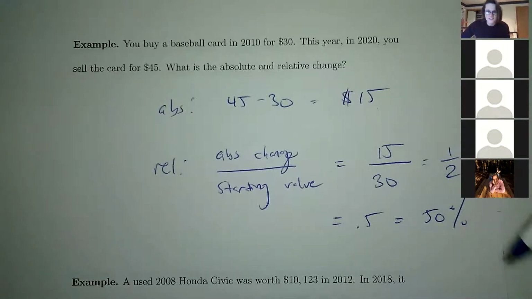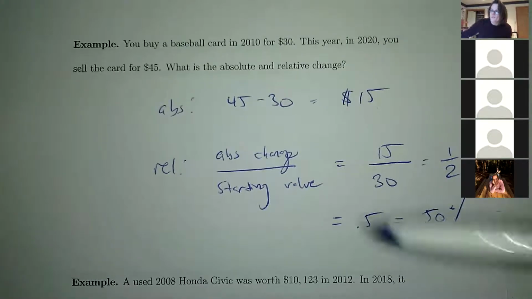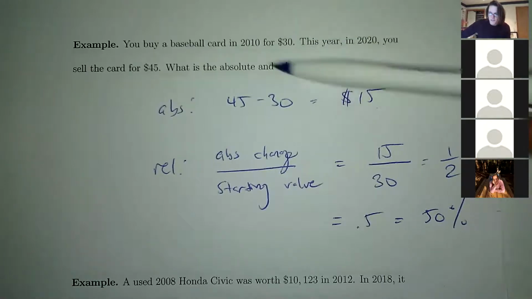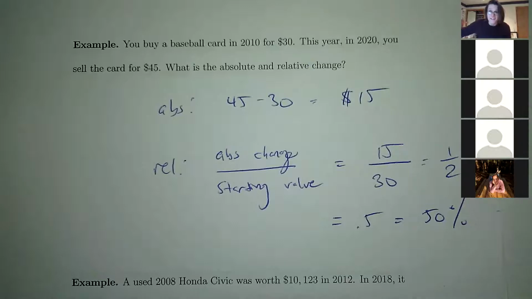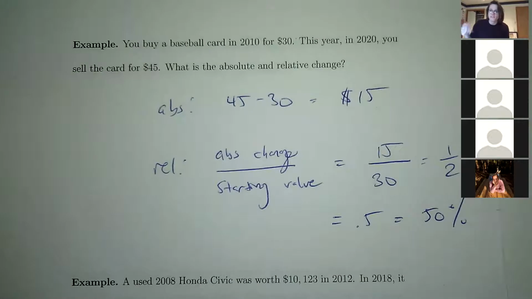What this is saying is that the change from 2010 to 2020 was 50% of the card's value in 2010. So you take 50% of the 30 and add it on, and that's what the card's value was in 2020, right? So when you're reading relative change, that's what it's talking about. You're changing with respect to some percentage at some time. So 50% of the initial, you add it on, that's the growth.